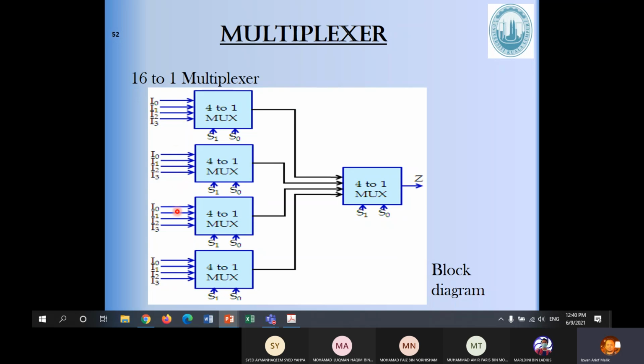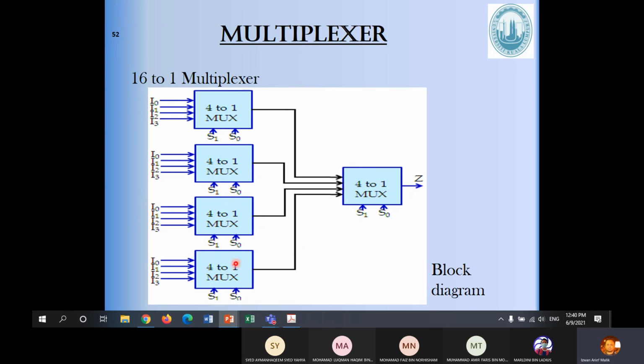So you have 4, 8, 12, 16 inputs. The output is still the same, it becomes 1, which is Z. And each of the 4-to-1 muxes becomes input to one more 4-to-1 mux cascaded next to it. So each of the outputs becomes each of the inputs of the next 4-to-1 mux. Okay, about this selector, we see now there are many.